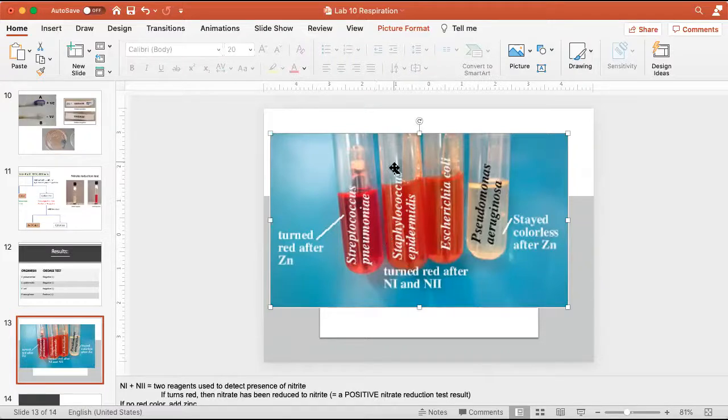Look at Staphylococcus epidermidis and E. coli first, because they have the same color here, don't they? Both of these tubes turned red after reagents A and B were added. Now here they're calling them reagents 1 and 2, but that's the same thing. So we took the tubes out of the incubator, we added A and B to them, they turned red.